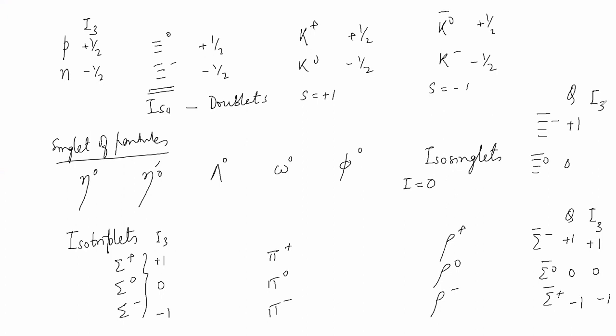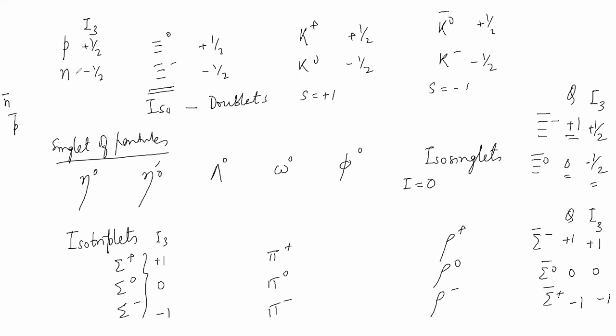And that means for isotopic spin, we assign maximum projection to the highest charge state and minimum projection to the lowest charge state. Similarly, the antiparticle of proton is antiproton, and for neutron, the antiparticle is antineutron.